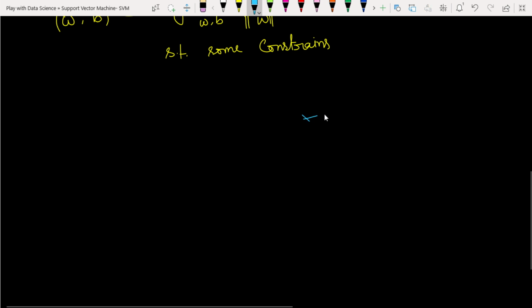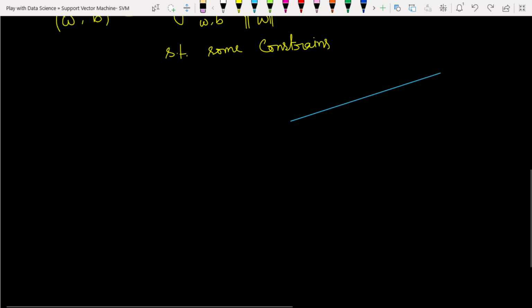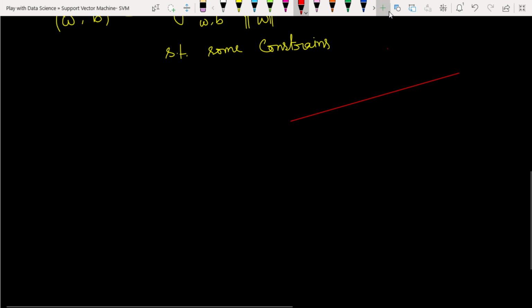So this will be our pi plus plane. Okay. This is our pi minus plane, and what will the color of this plane be? Just a minute, I'm just removing this.